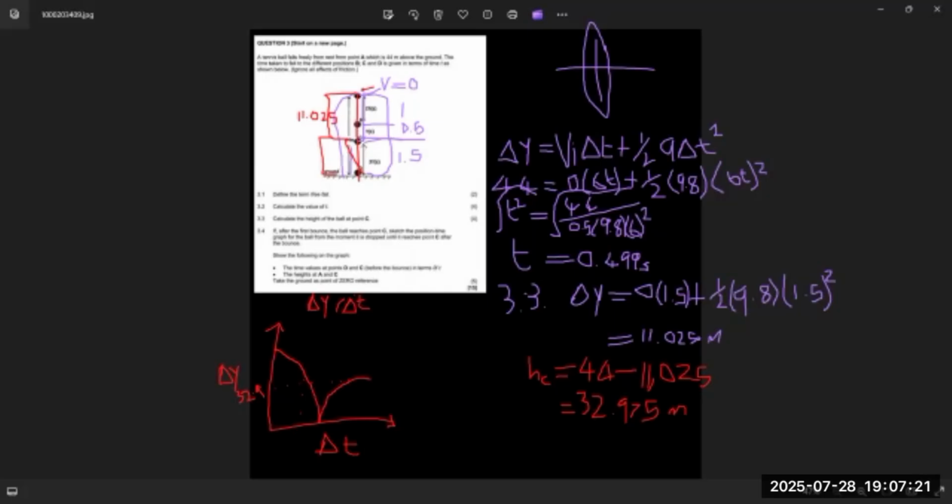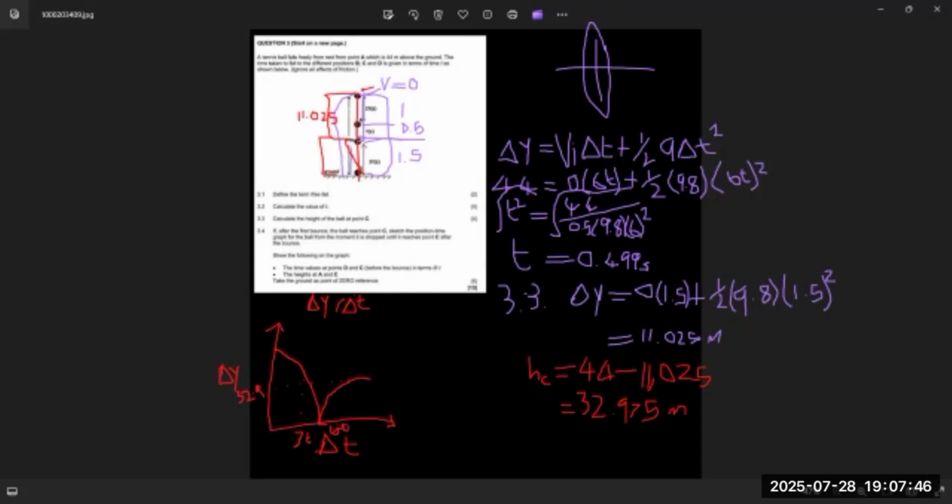And this one is our D. The time taken to reach point D in terms of t is 6t because we add all those t's, as I showed you in the calculations.